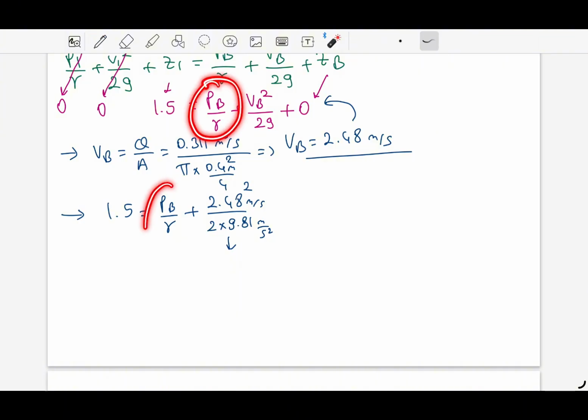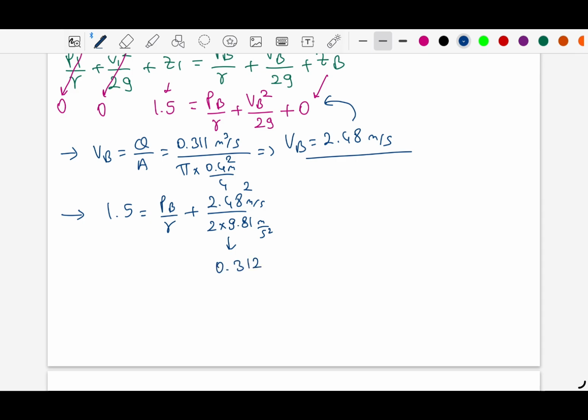So we have PB over gamma, and we have V square over 2g. And on the left-hand side, we have 1.5. So this is 0.312 meters. We have 1.5 meters. So this means PB over gamma is equal to 1.5 minus 0.312.